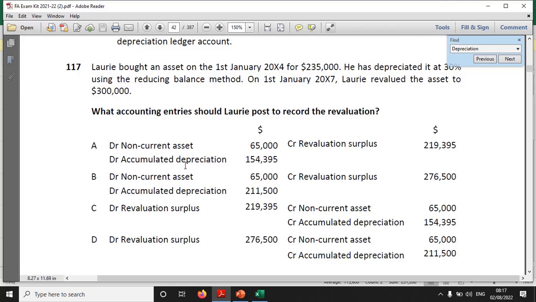117, someone to read for us. 117, someone to read. Can you please read? And then I'll capture.